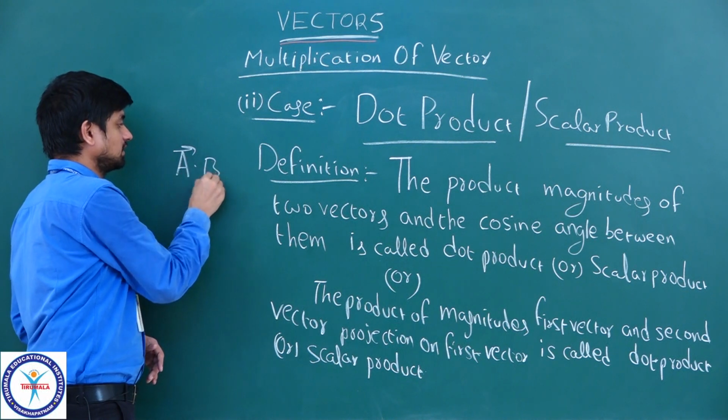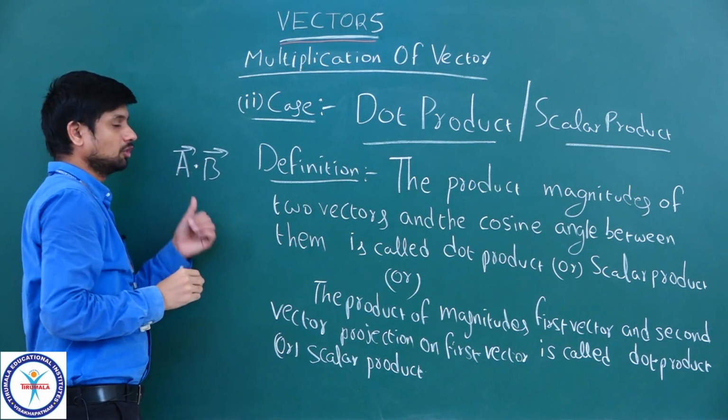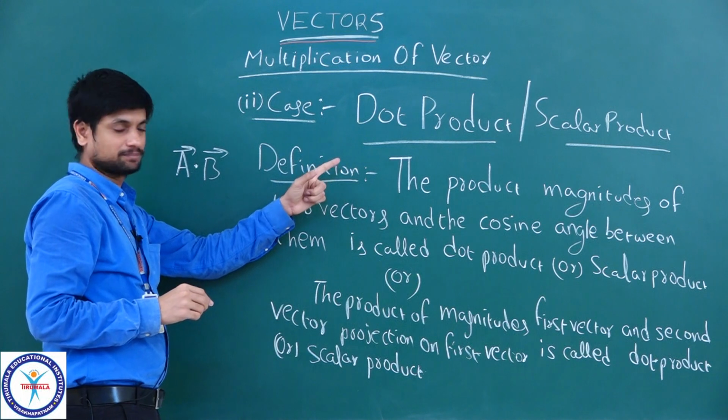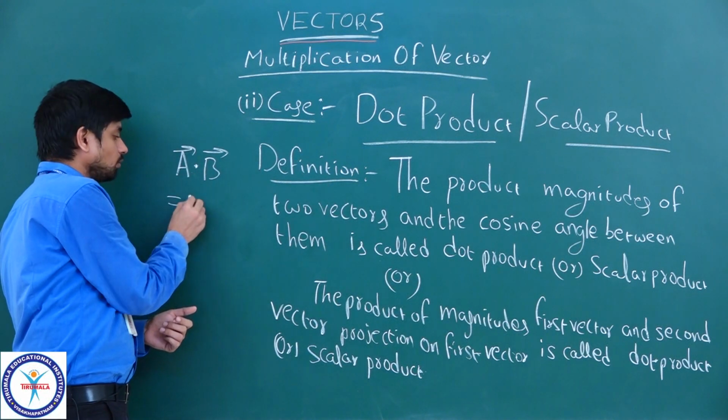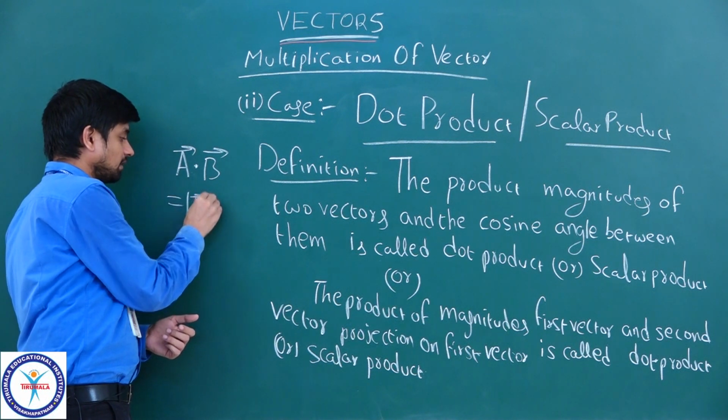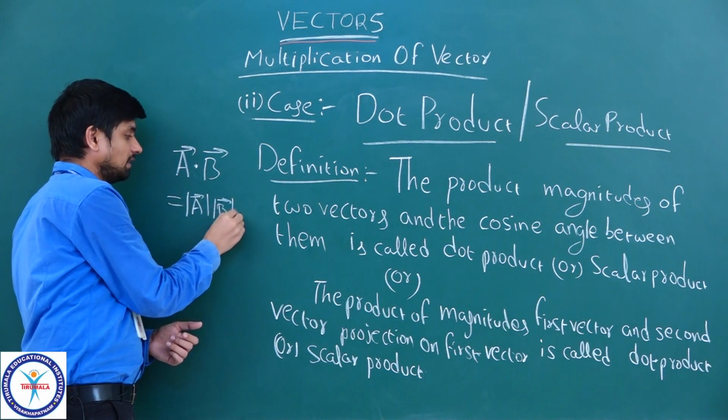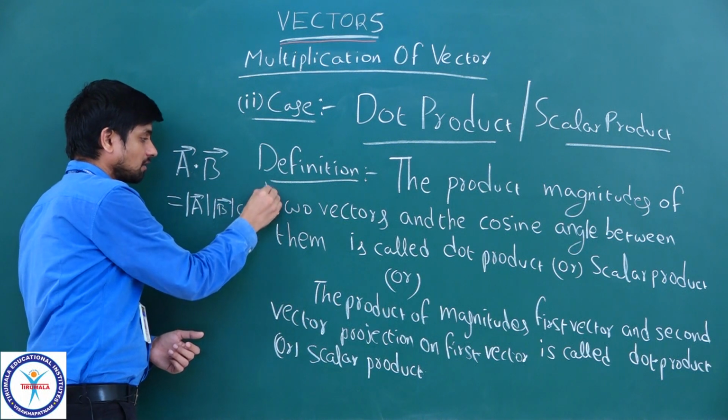A bar dot B bar, I keep the dot in the middle to mention this product, gives modulus A modulus B cos theta.